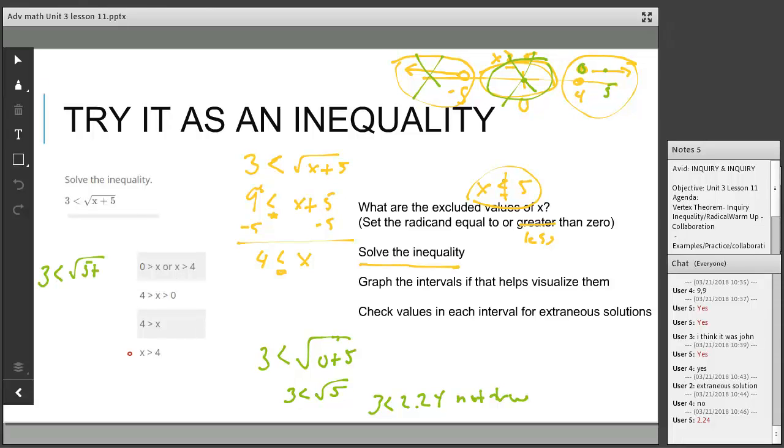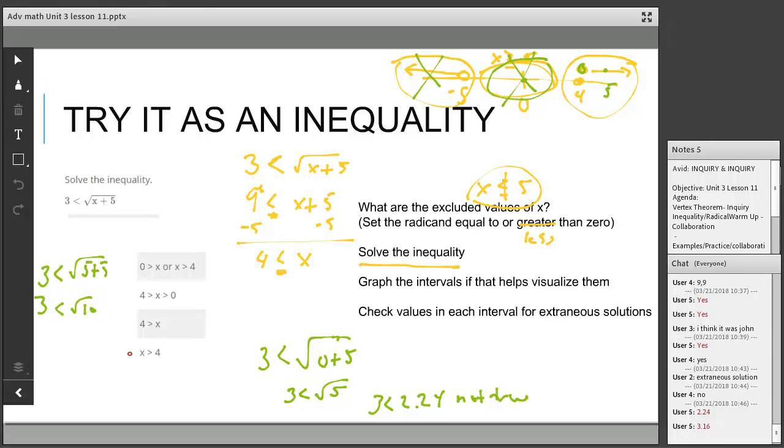So 3 is less than the square root of 5 plus 5, or 3 is less than the square root of 10. So 3 is less than 3.16. We picked a test number out of this interval of x being greater than 4, we test it into our inequality, and we find that it's true.